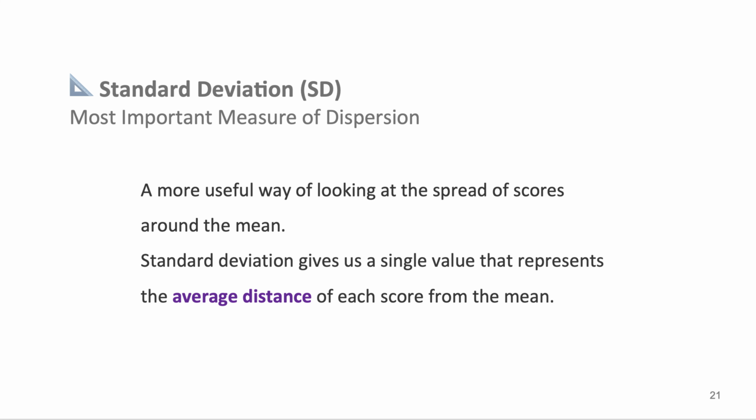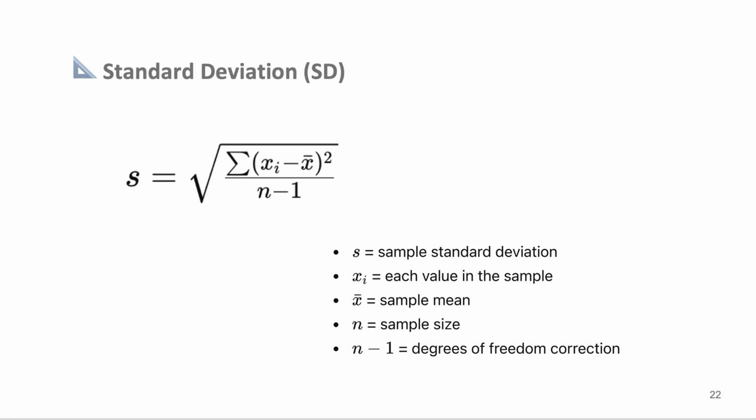Now, standard deviation is the really important one. It tells us how far the scores usually are from the mean. So basically, it shows how spread out the data is overall. Calculating the standard deviation looks complicated at first, but the main idea is actually simple.